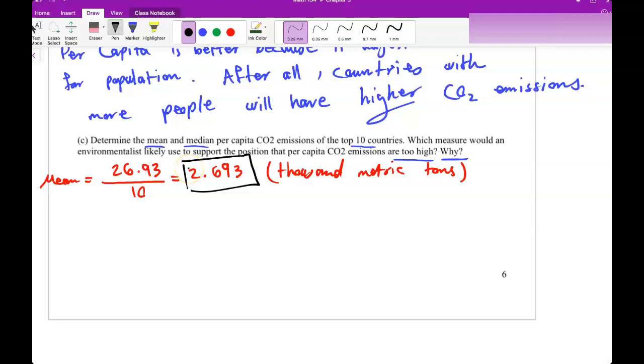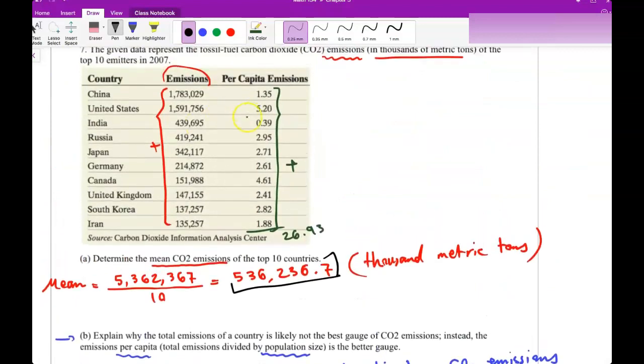Then after that, finding the median. We should write all these numbers in ascending order because they are not in order.